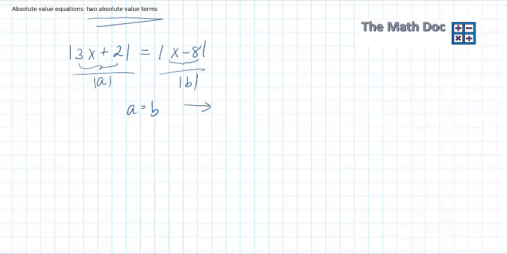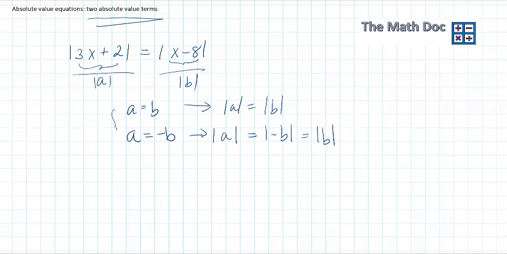In that case, obviously, the absolute value of A equals the absolute value of B. But now let's also look at the case where we have A equals negative B. In this case, the absolute value of A equals the absolute value of negative B, which is equal to the absolute value of B. So both these cases work for this type of equation.